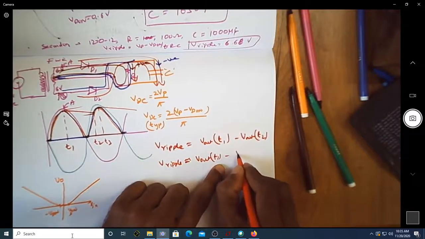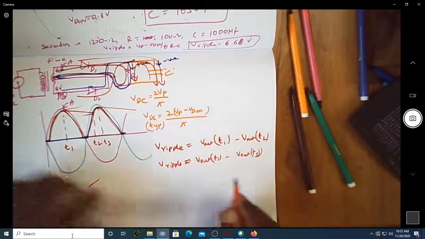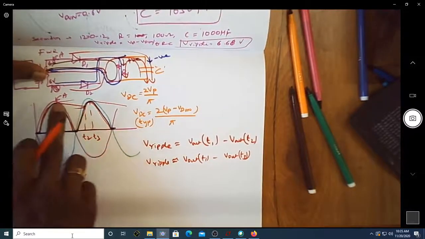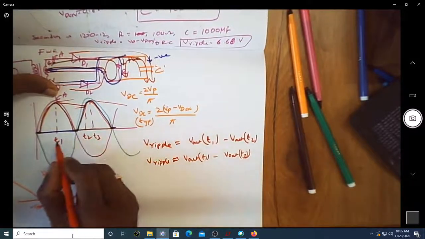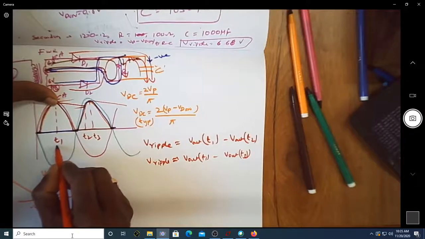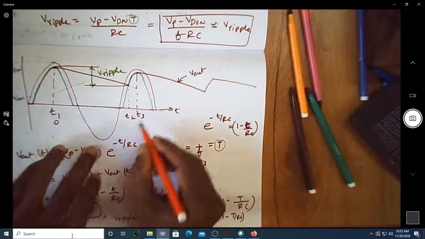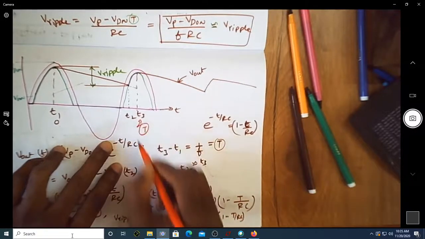As we found in the earlier case, the time constant, the capacitor, everything is the same, except that if you consider this as 0, as we did here also, this was 0. What was the time that we considered for this T3? Did we not consider it as capital T?